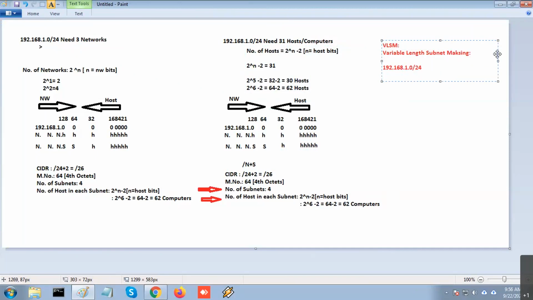192.168.1.0/24. I need 6 subnets, and each subnet is giving a different requirement.